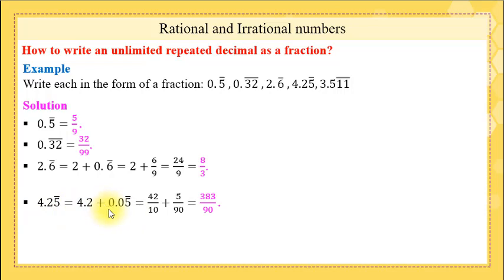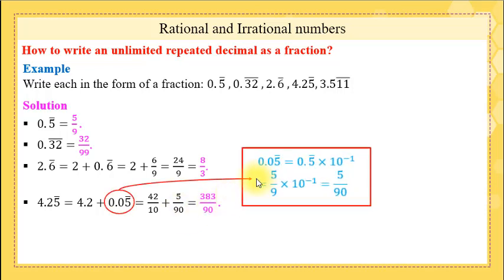4.2 plus 0.05 bar. Now 4.2 we can convert into a fraction as usual, 42 over 10. Here 0.05 bar, we write it as 5 over 90. Why?